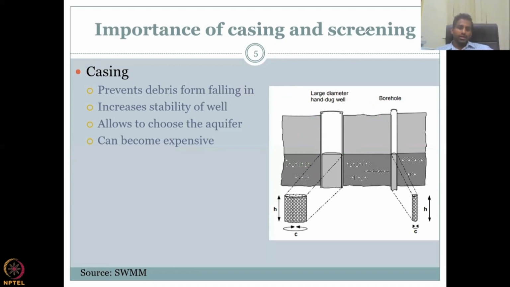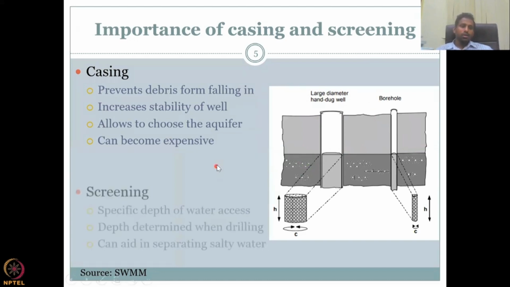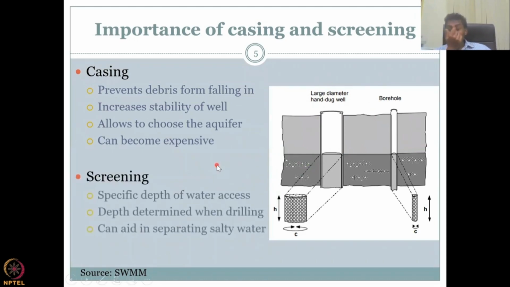Now let's look at screening. Screening also allows you to get into the specific depth of water access. The screening depth is determined while drilling. So where you put the screen is also very determinant of the water available.